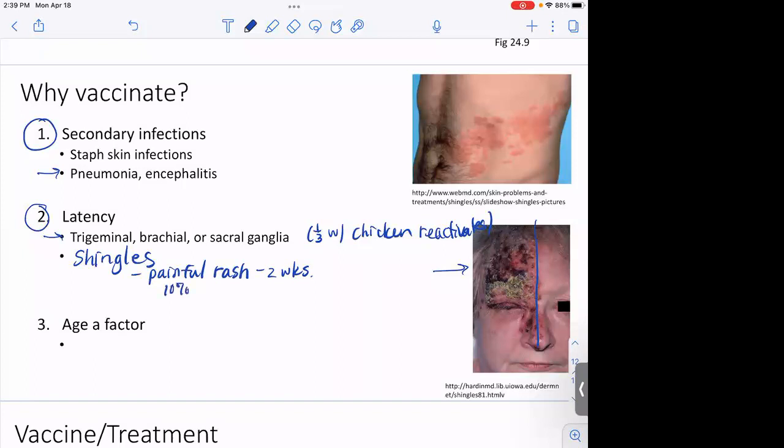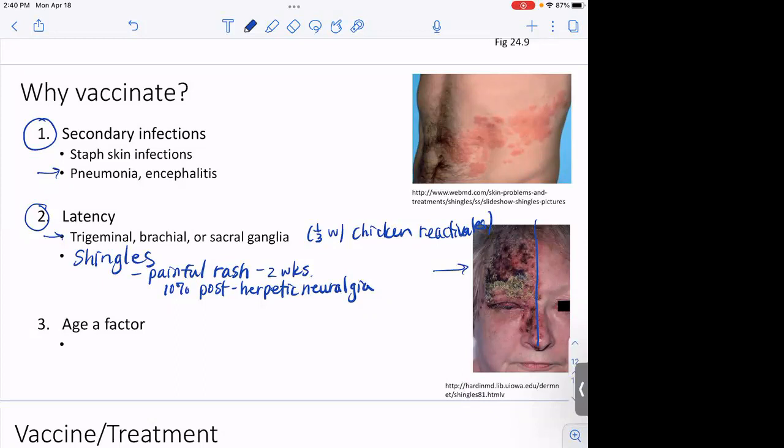So 10% will have what they call post-herpetic neuralgia, where the pain of that rash just lasts for months and months and months. Okay, so there's the potential for this to be really quite severe and make somebody pretty miserable.